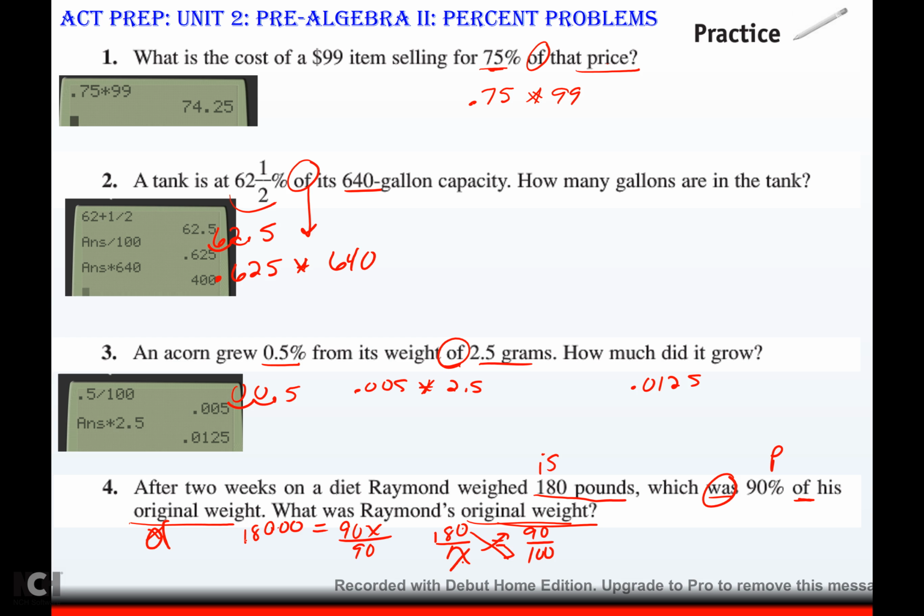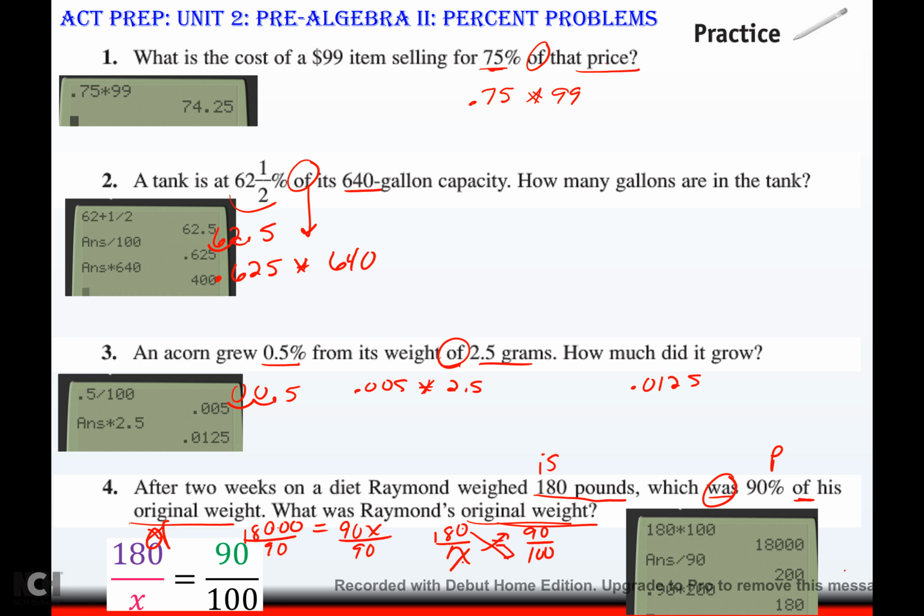So to solve, I divide by 90, and I get 200. Oh, this was my little check. I wanted to make sure, is 90% of 200 180? And it's true. So my answer is actually 200, not 180. His original weight was 200. Okay?